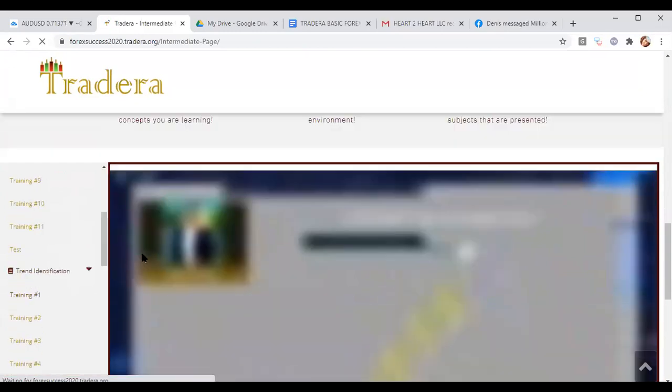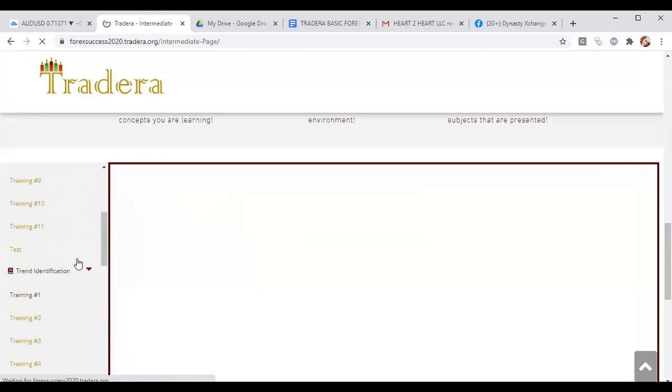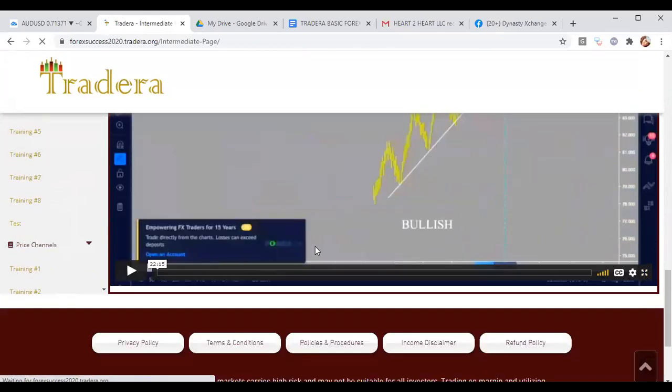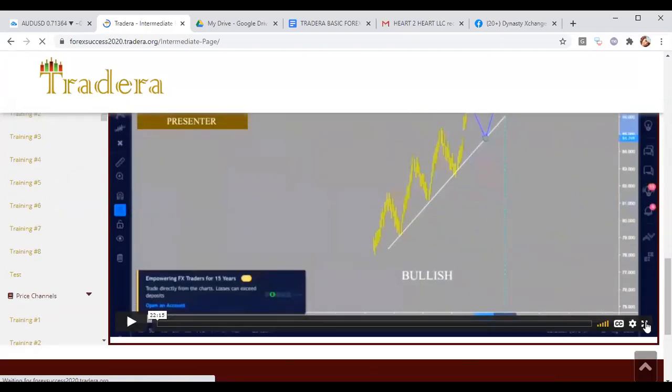Okay, before we dive into this, let's review what we learned yesterday. Yesterday, we learned about support and resistance. Who can tell me basically what support and resistance is? It's like the ceiling and the floor. Support is the floor and resistance is the ceiling. Can anyone bring any more clarity to that?